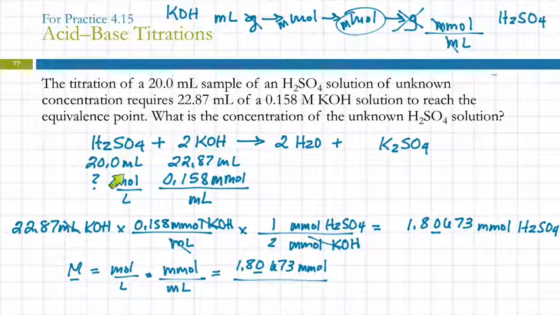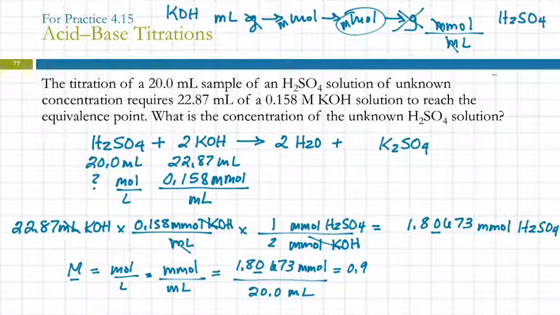and I'm going to divide by the volume of sulfuric acid that was used, 20.0 milliliters. So I divide by 20, and the number is 0.90336. So I'm going to round that to 3 sig figs.